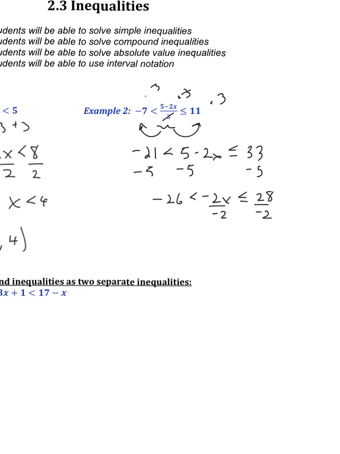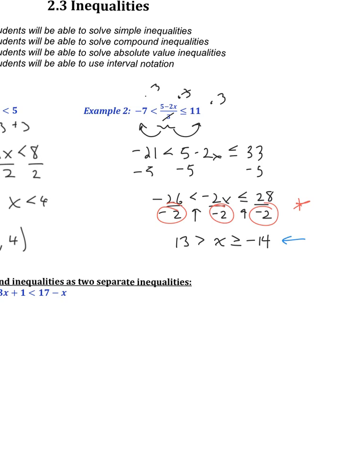And big reminder here is that any time that you multiply by a negative or divide by a negative, like we are doing here, you have to remember to switch the inequality symbols. So therefore, we are going to get a 13 is greater than x, which is greater than or equal to a negative 14.